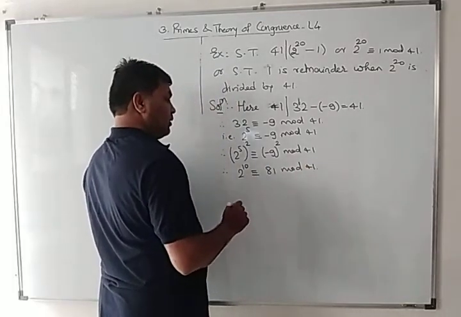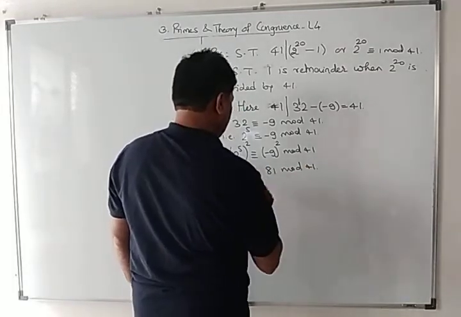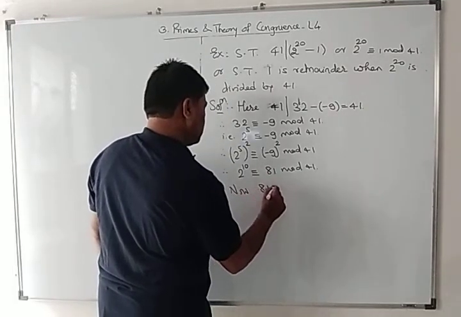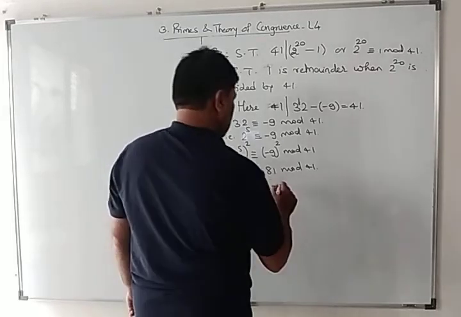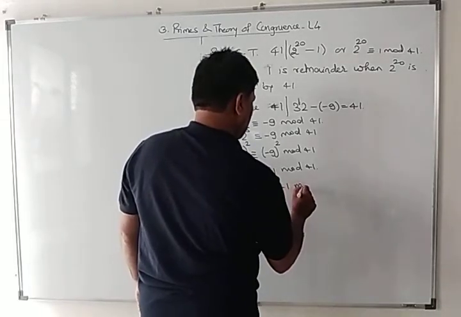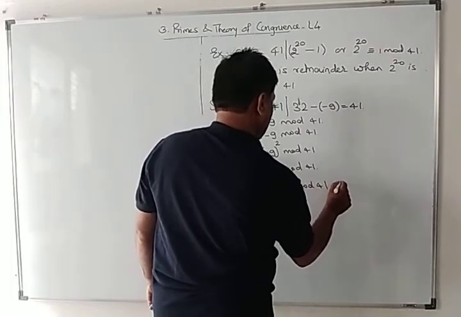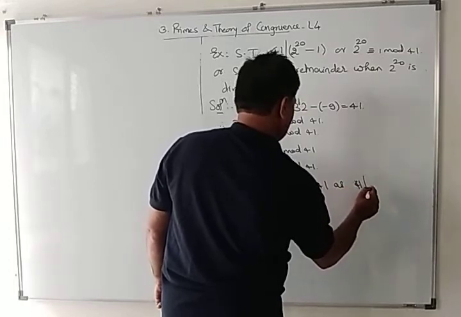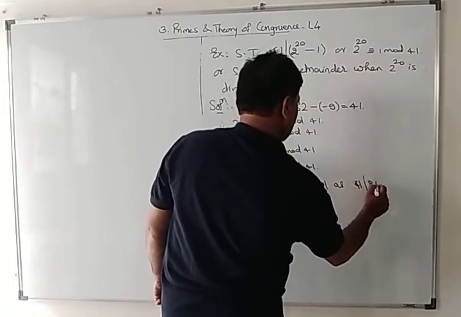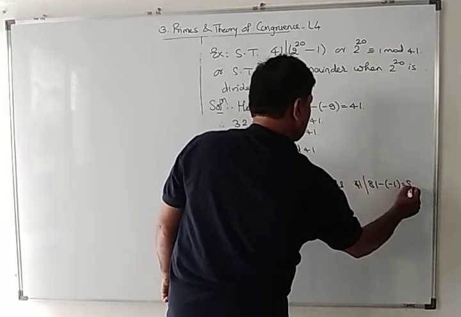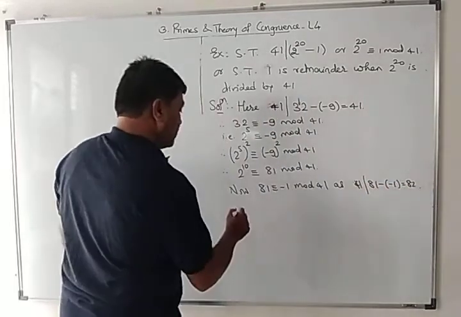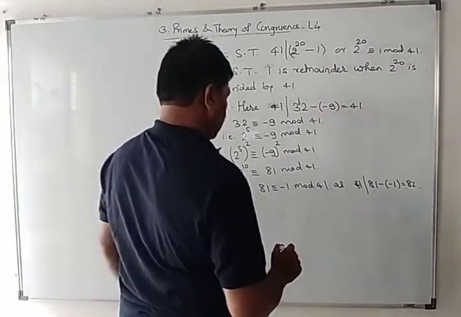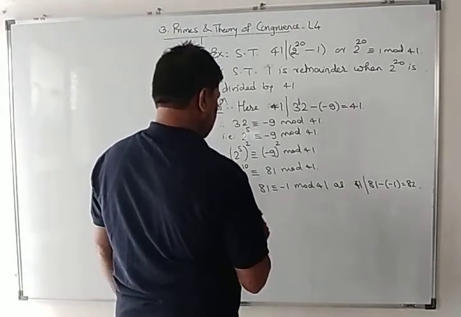Now 81 is congruent to minus 1 mod 41, as 41 divides 81 minus (minus 1), which is equal to 82. Therefore 81 is congruent to minus 1.